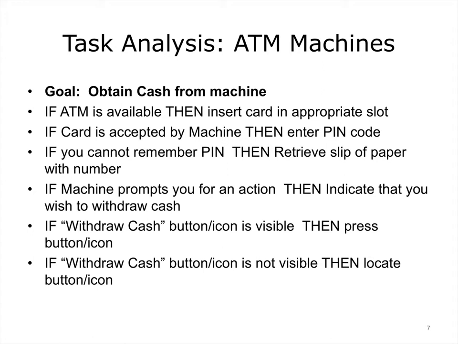The first procedure merely indicates that an ATM is available. Then one's card should be inserted in the appropriate slot. These are a relatively simple set of procedures, but tasks may involve many more steps. Breaking down a task into steps or procedures is very helpful in understanding its complexity.